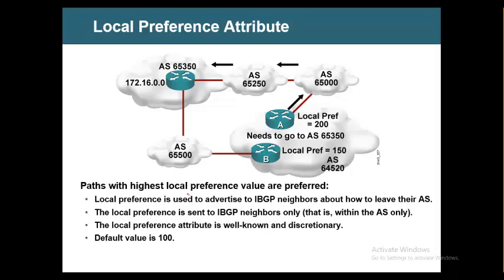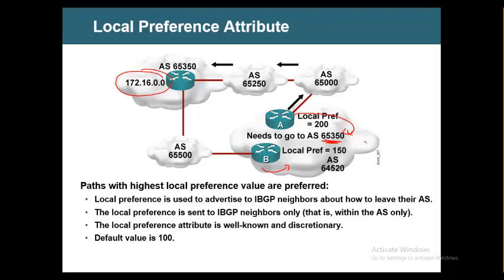In this autonomous system 65350, we are learning about this network via B as well as via A. A is also advertising that network, B is also advertising that network.